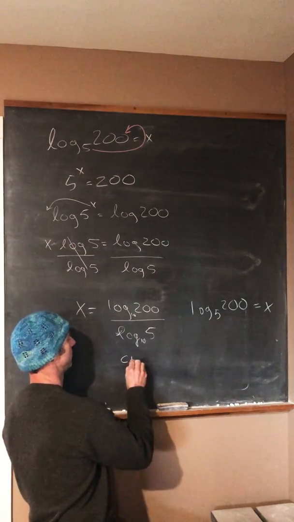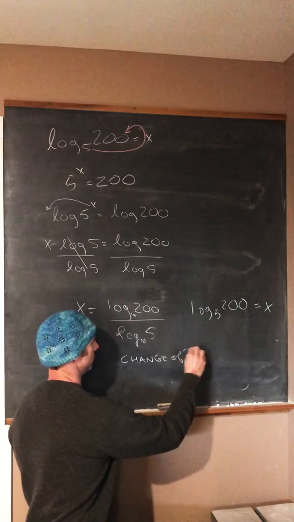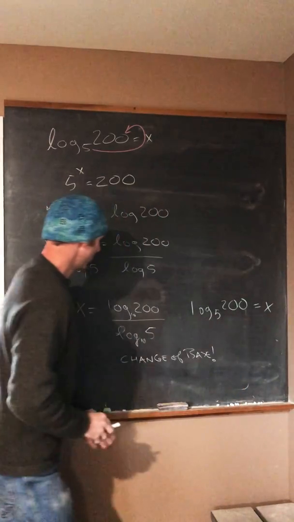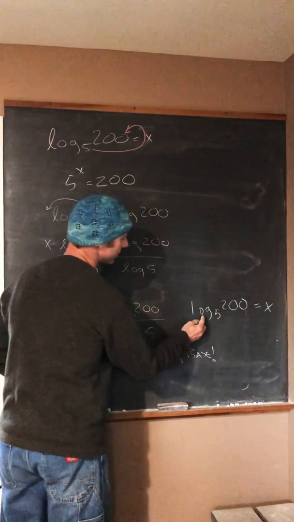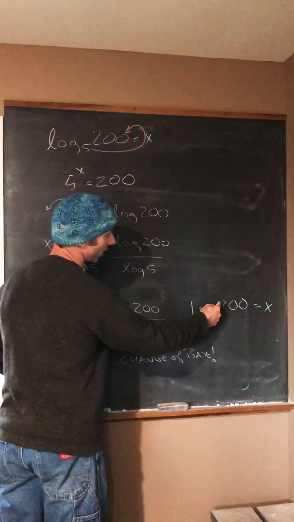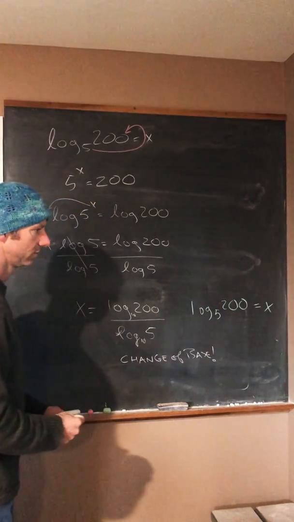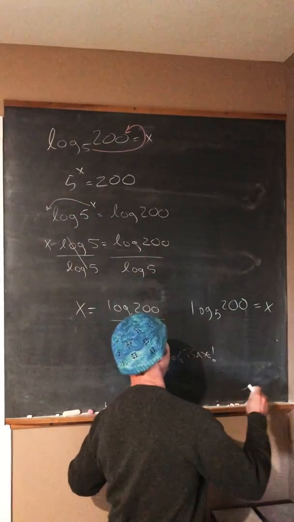Change of base. I remember it this way. It's the log of the argument divided by the log of the base. Okay? There's probably some sort of equation.